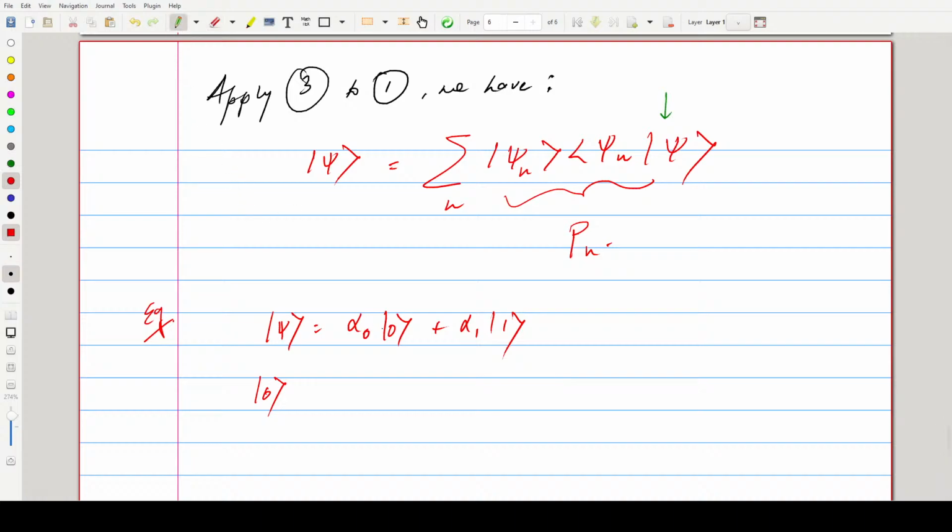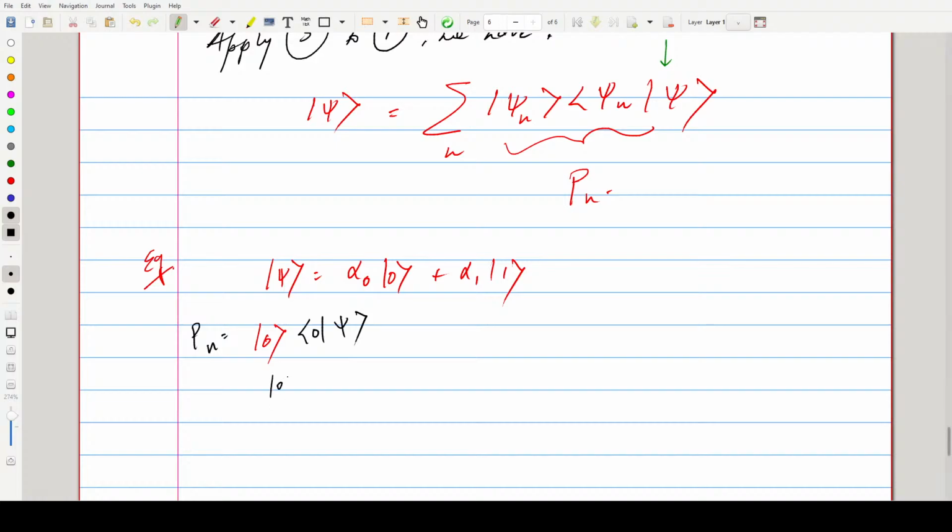So we are going to be taking it along the state psi. So this is our projection, and if this be the case, then we have our zero ket and zero bra, upon which we have our entire psi, which is alpha 0 plus alpha 1 1.